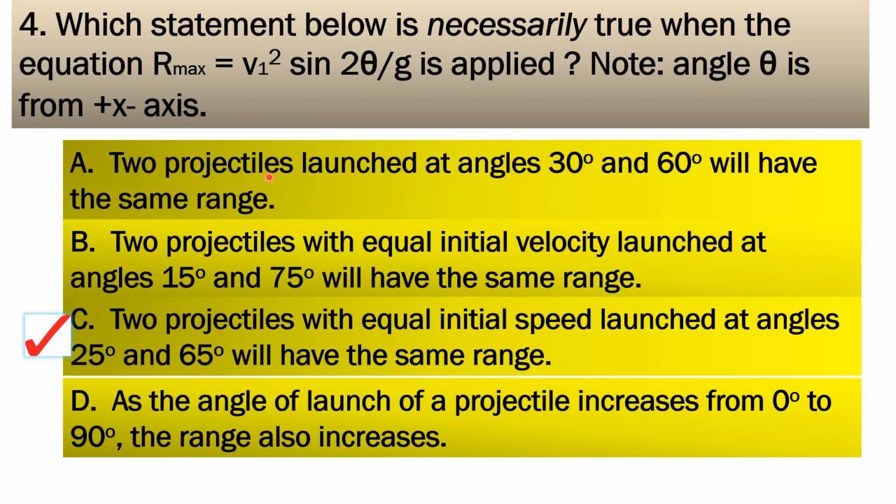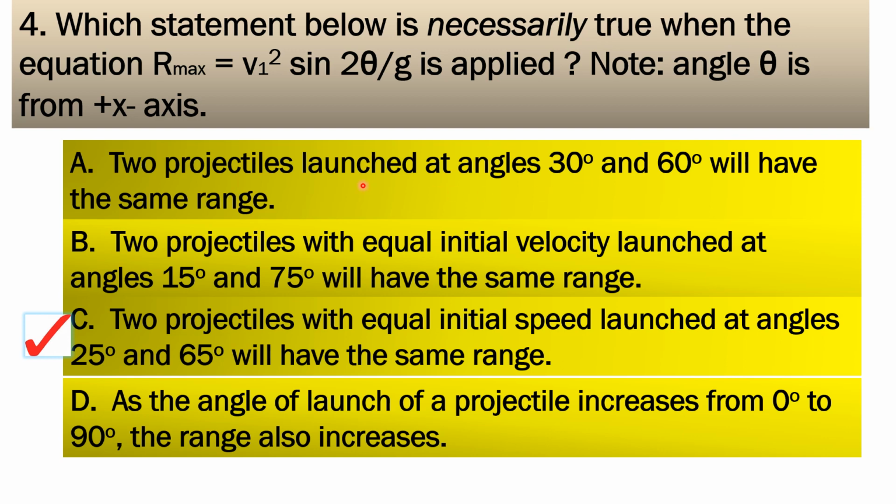Two projectiles launched at angles 30 degrees and 60 degrees will have the same range. What is lacking here is to specify that their speeds must be the same. It doesn't say here that the speeds for these two projectiles are equal.